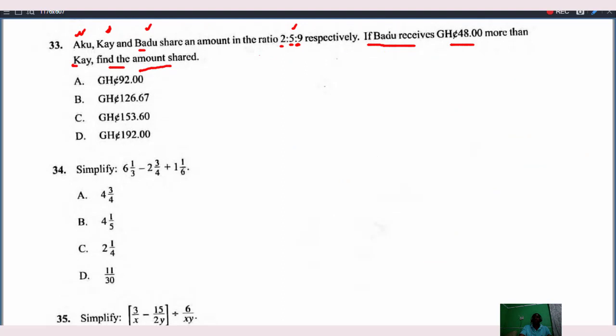So using proportion, it will be K, which is 60, and total is 9. The ratio is 9. So using the ratio, K's ratio is also 5. So 5 will give us K's share 60.